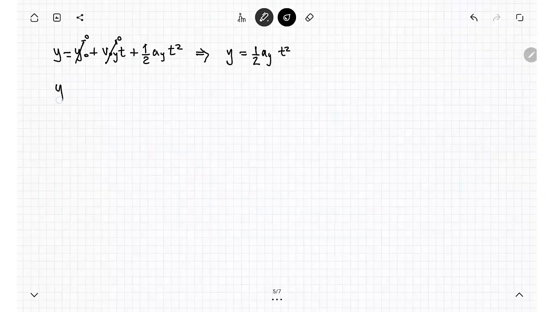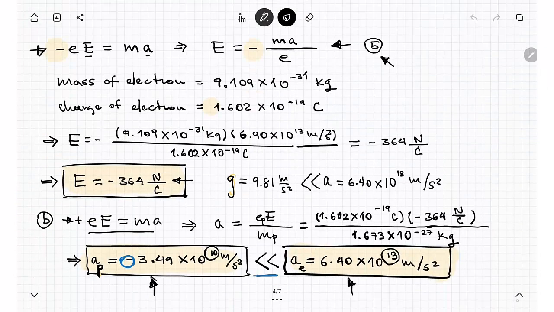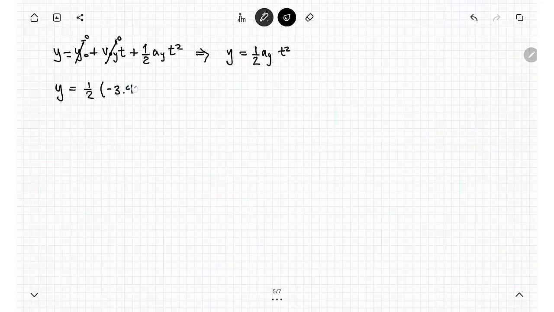If we replace the values that we already know, this is equal to 1/2 the acceleration. We already calculated the acceleration, minus 3.49 times 10 to the 10 meters per second squared, multiplying the time that the particle spent to travel through the plates, and that's something that we already calculated earlier, 1.25 times 10 to the minus 8 seconds, squared.